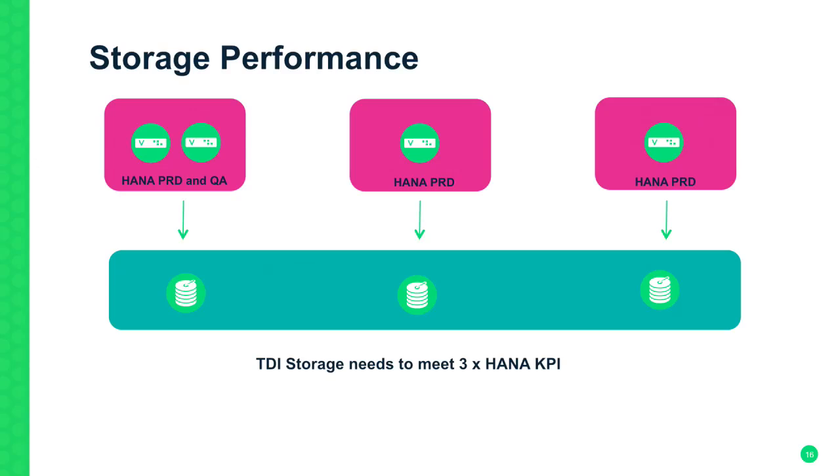What we see is that usually to meet the KPI, maybe you can bring down the production and keep up only the QA, and this is not the usual, the preferred way to meet this requirement. It's important because the storage is one of the most critical parts in order to have HANA performing in the right way.